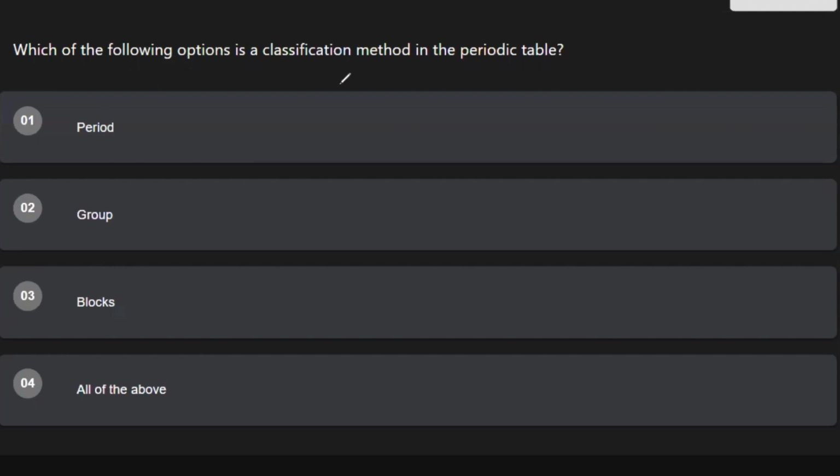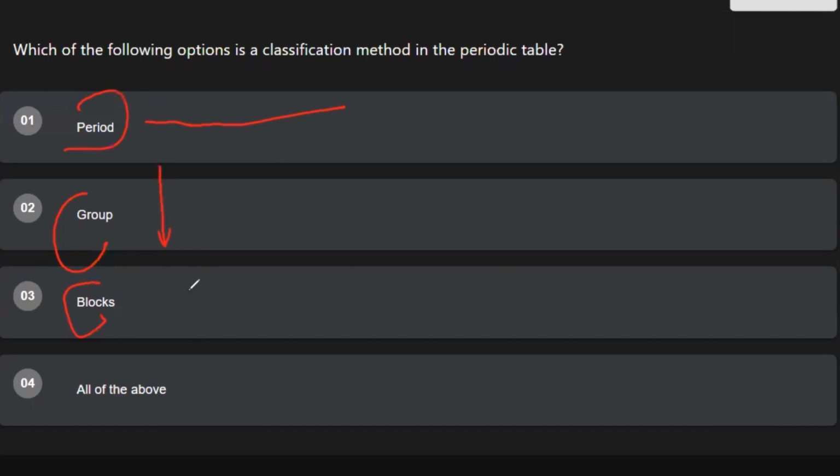Which of the following options is a classification method in the periodic table? Period, group, blocks, all of the above. Of course, we know period is classified as a row of a periodic table. A group is a column of a periodic table.